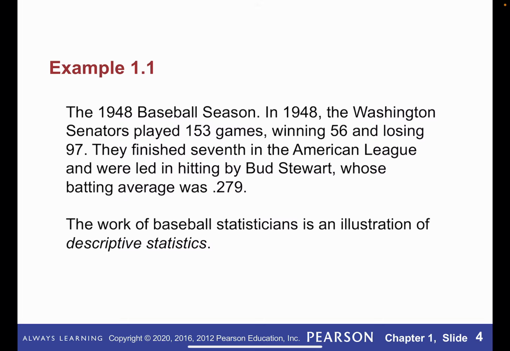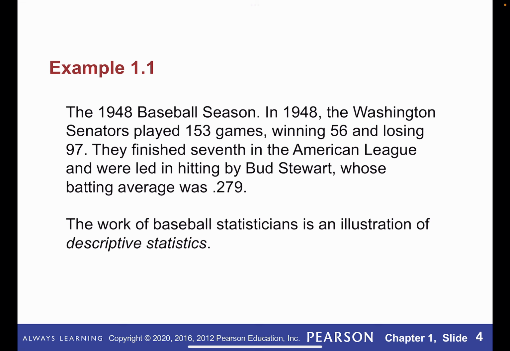In this first example, we're looking at a baseball season in 1948. The Washington Senators played 153 games. They won 56 and lost 97. They finished 7th in the American League and were led in hitting by Bud Stewart. This has been too long ago, but Bud Stewart's batting average was .279.